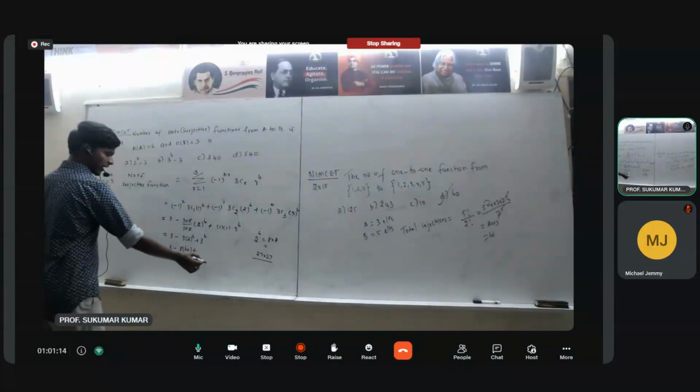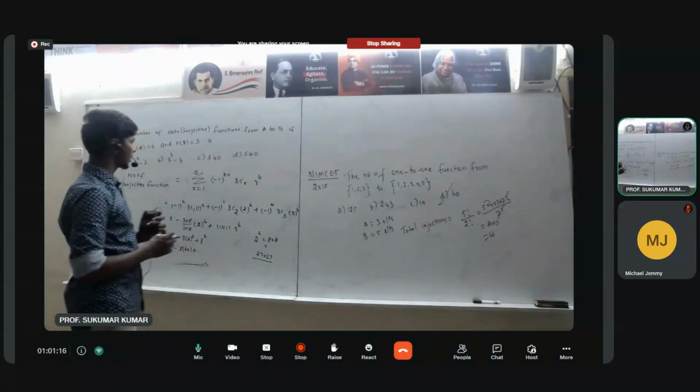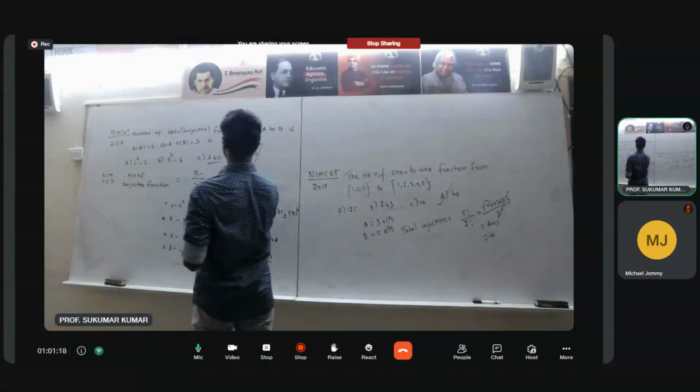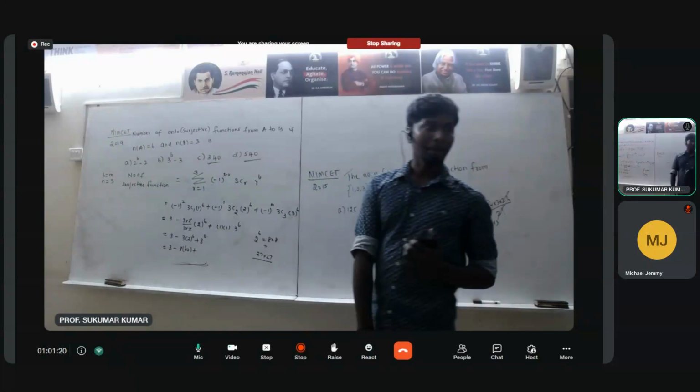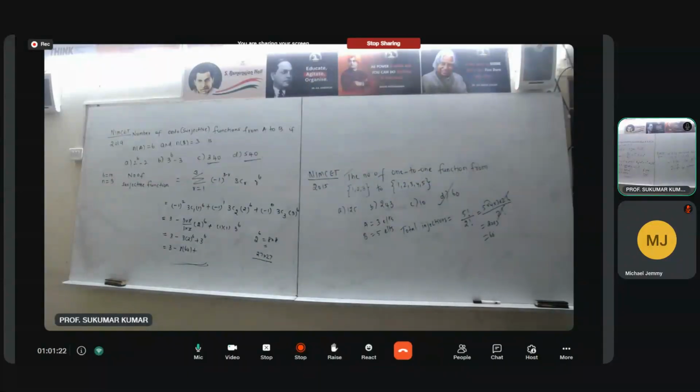I don't know, calculate to get the value. I think it may be 340 or 540. 3 power 6 is 3 power 3 into 3 power 3. What is the answer actually? 540.